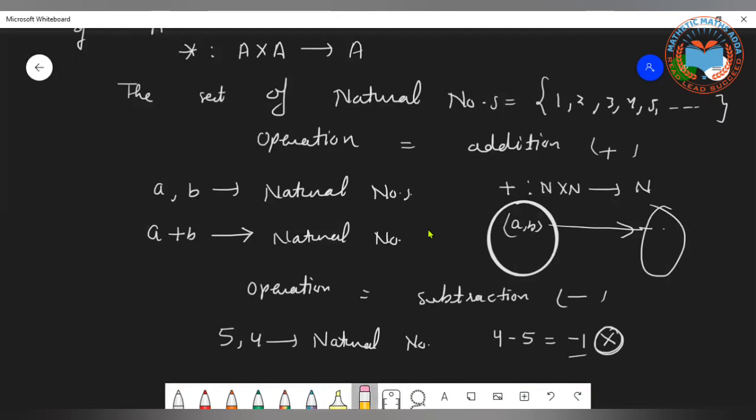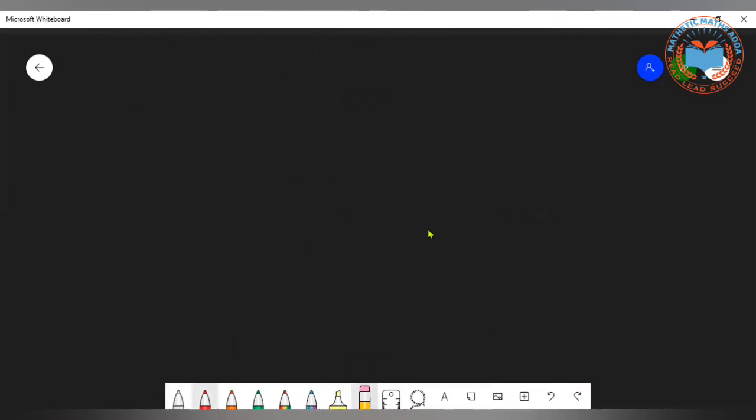Now I am writing some symbols that will help you in the upcoming lectures of group theory. First symbol is N. This N symbol is the set of natural numbers.